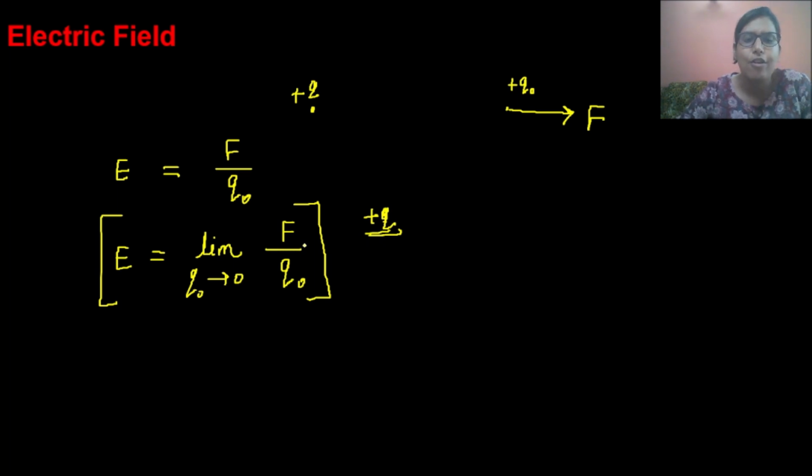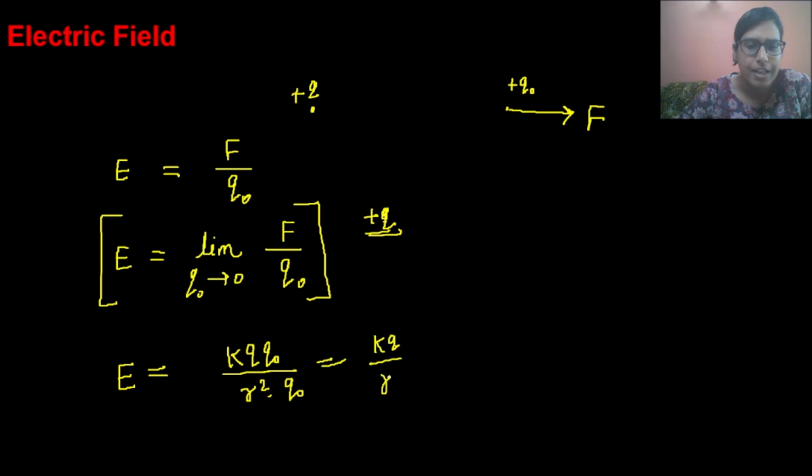Now we know the value of F. What be the value of F? K Q naught upon R square and upon Q naught. So this will be K into Q upon R square.